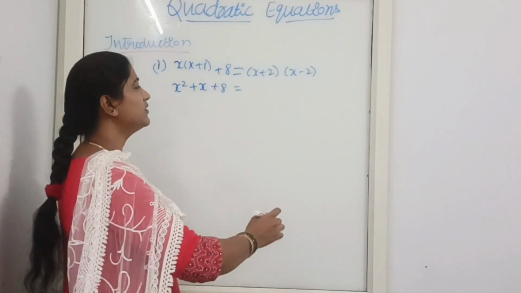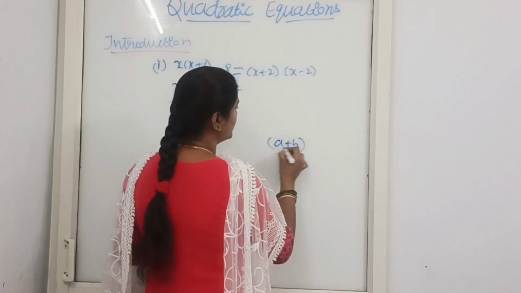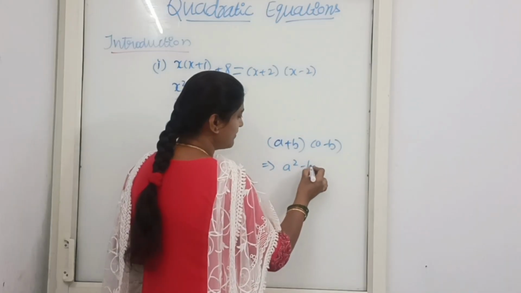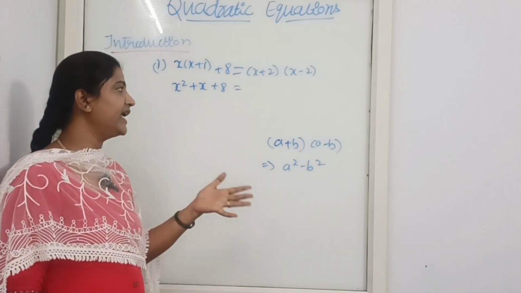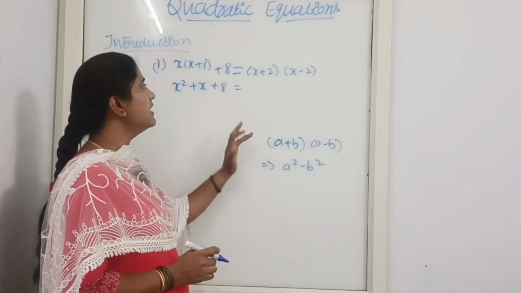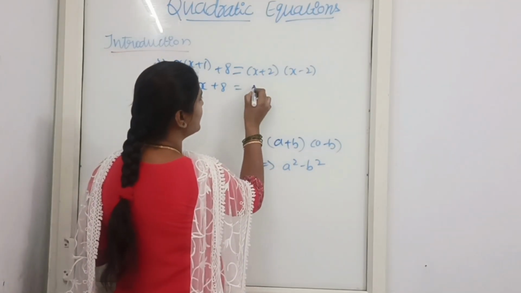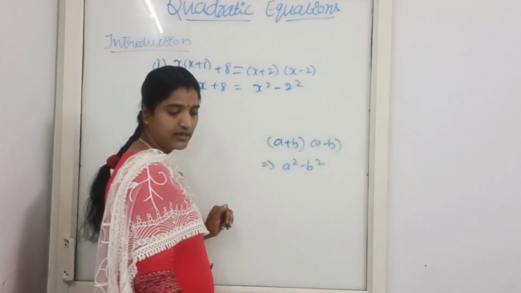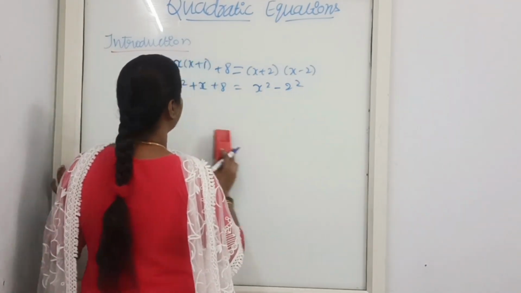It resembles which identity? a plus b into a minus b. So what is the answer? a square minus b square. You have to recall this identity. So a square is x square and b square is 2 square. So it becomes x square minus 2 square.